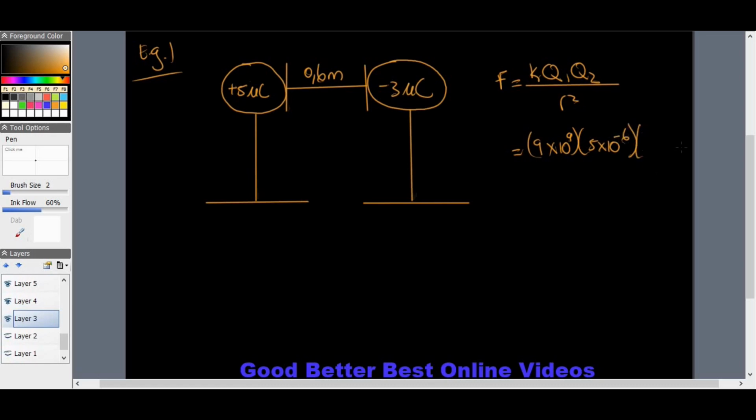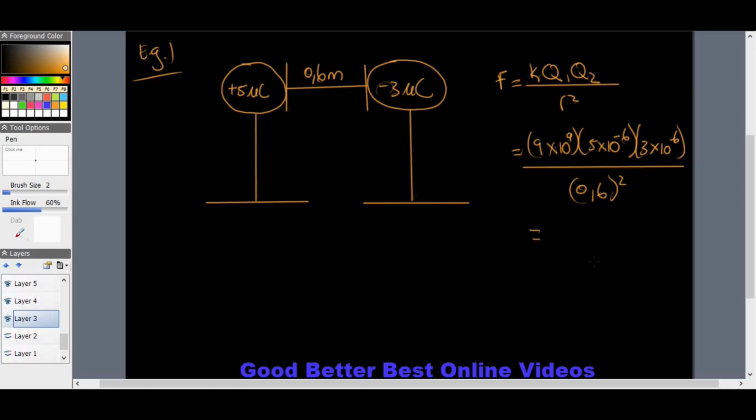Notice even though charge 3 is a minus, you do not put the minus sign into the equation. It's just to show that it is a force of attraction and not repulsion. So you leave it as 3 times 10 to the negative 6. You do not add the signs when you are adding the values of Q1 and Q2, over 0.6 all squared.